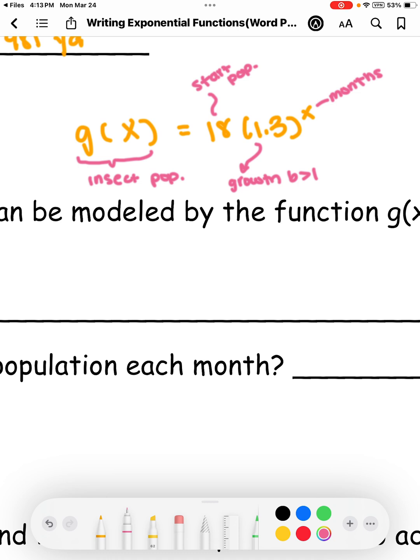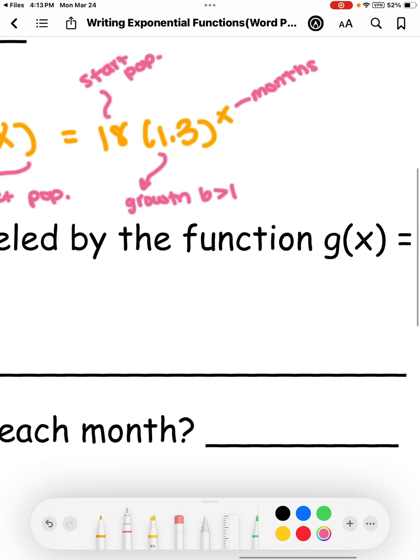Last question. By what rate did the insect population increase? All right, so let's think about it. If to get our b value, we did 1 plus r, well, if I want the rate, the r value, I have to do b minus 1.